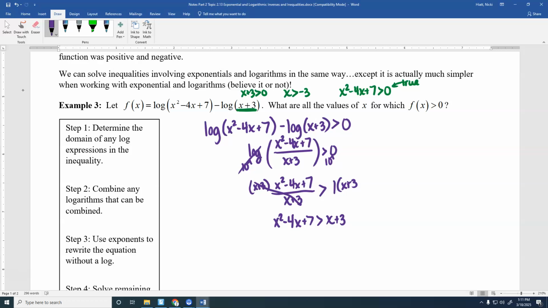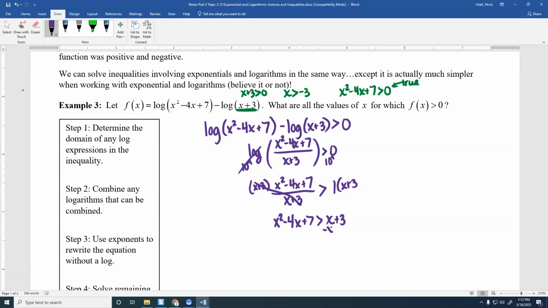Now, this is quadratic because I have an x squared. What do I need to do when I have a quadratic? Factor. But before I can factor, what do I have to do? Can I factor it like it is right now? Move everything to one side.